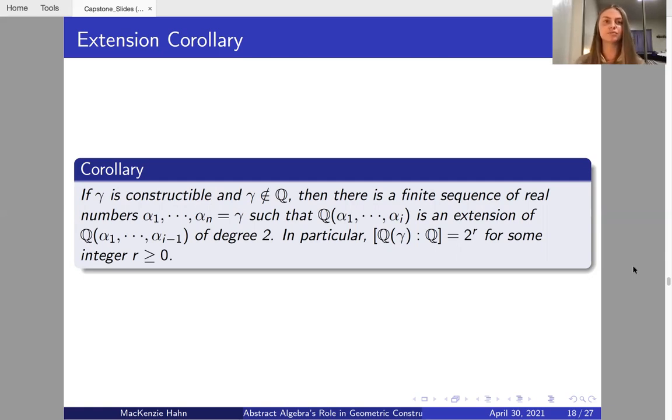So for example, if we have Q adjoin the square root of alpha sub 1 over Q, that's going to give us a degree of 2 because we're taking a square root. If we add on another square root to that, the more square roots that we keep adding on, then we're going to keep doubling our dimension each time. So ultimately we're going to get a degree of 2 to the power of r for some integer r that is greater than or equal to 0.